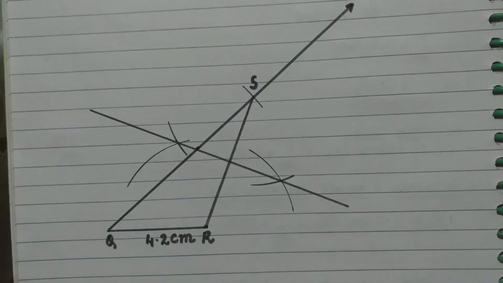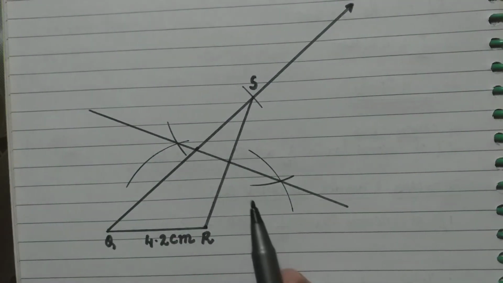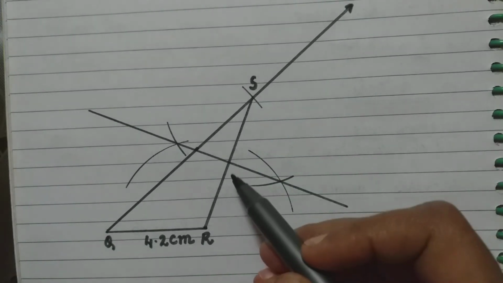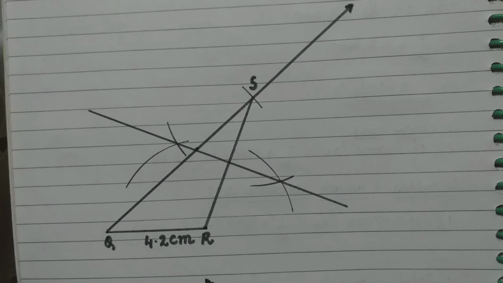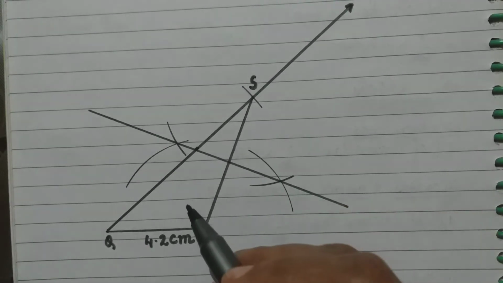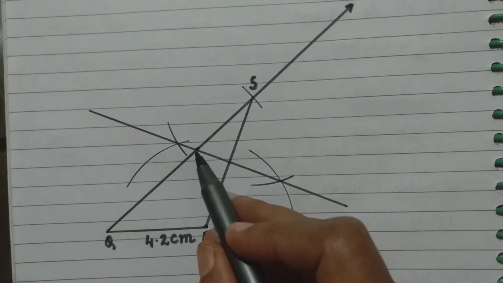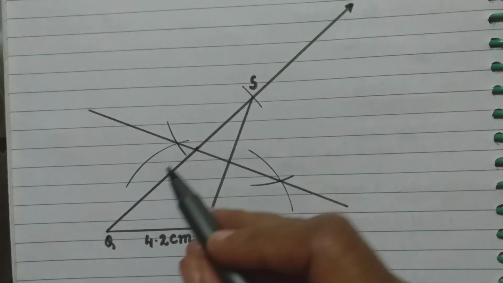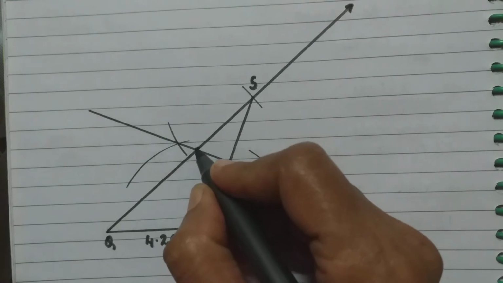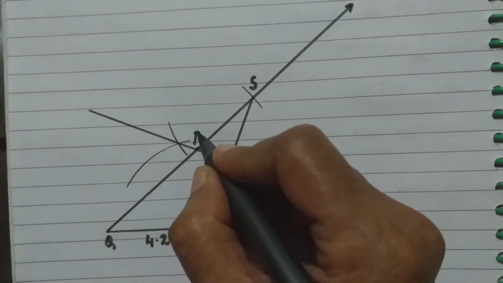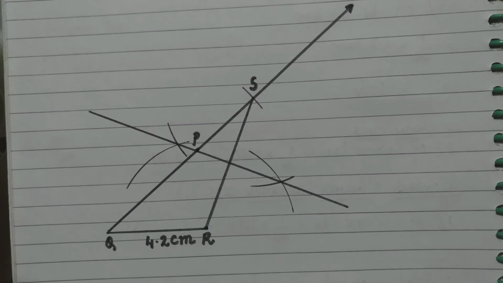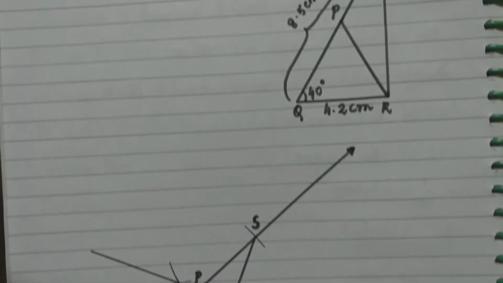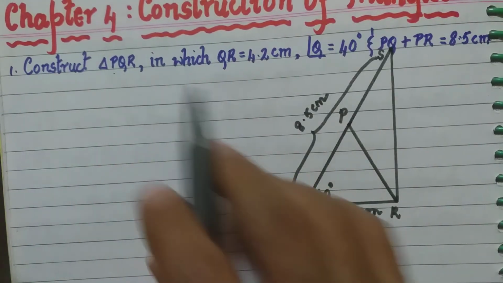So now we have drawn the perpendicular bisector of this side SR. But now this point where this perpendicular bisector cuts the side QS, this point will be the vertex P. So this is P.